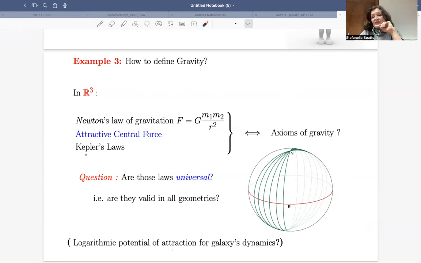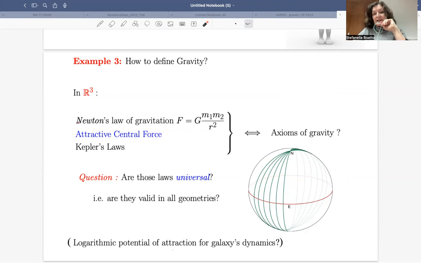And also we have Kepler's law. We're so familiar with these three properties that we think they are all valid at the same time. But actually, are those three universal? Meaning, are they still valid in all geometries? Are all three axioms of gravity in a more general sense?